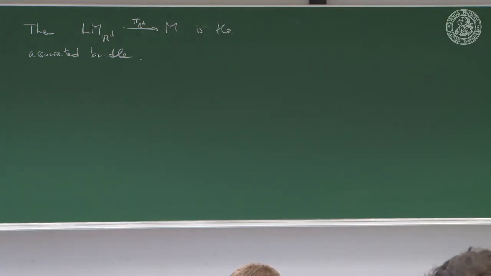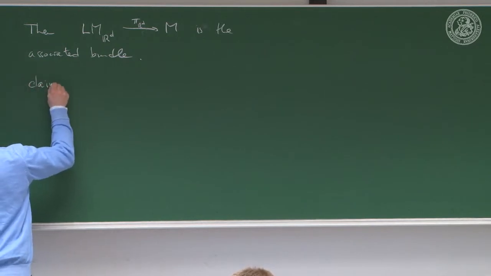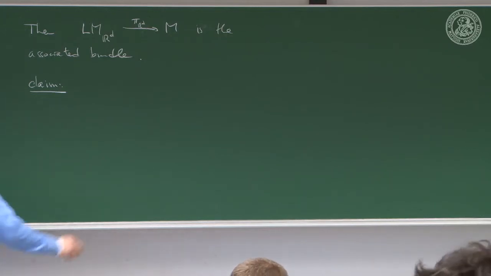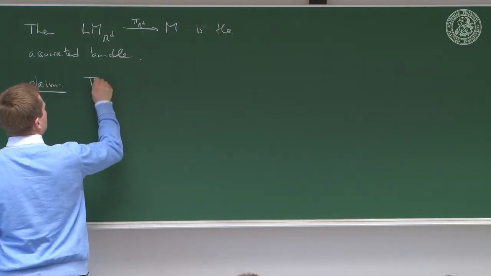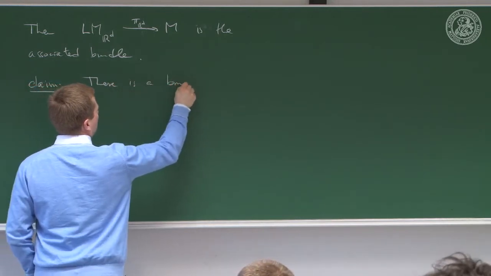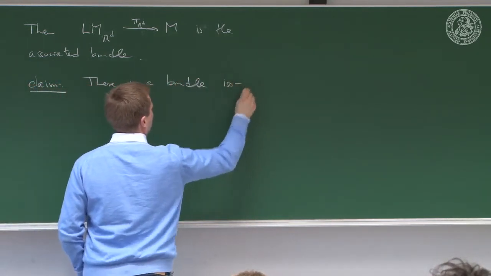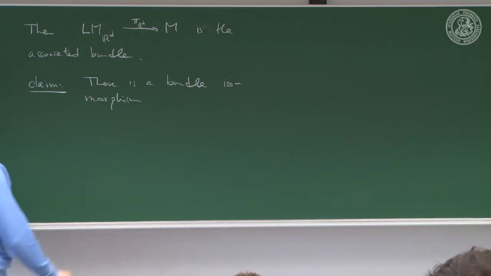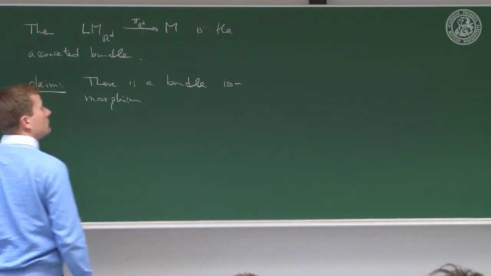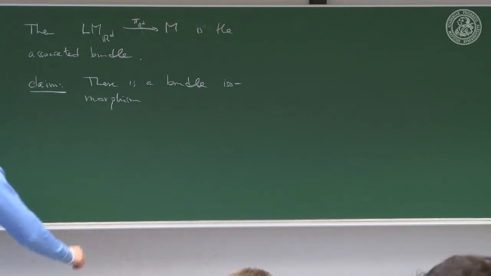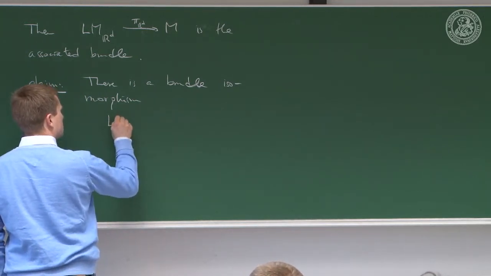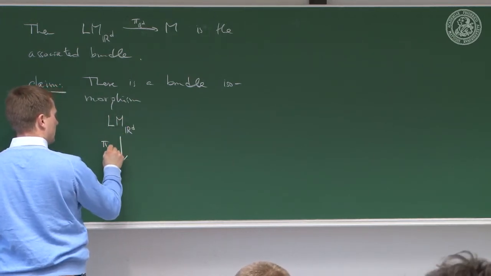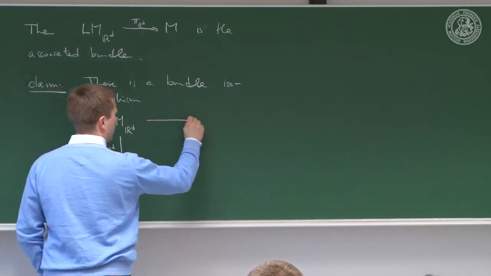Now, however, there is a claim. So once you have this, I have the following claim, that there is a bundle isomorphism that takes you from this thus constructed bundle, so L_M with fiber R^D, pi_{R^D} down to M. Now I have a bundle morphism.